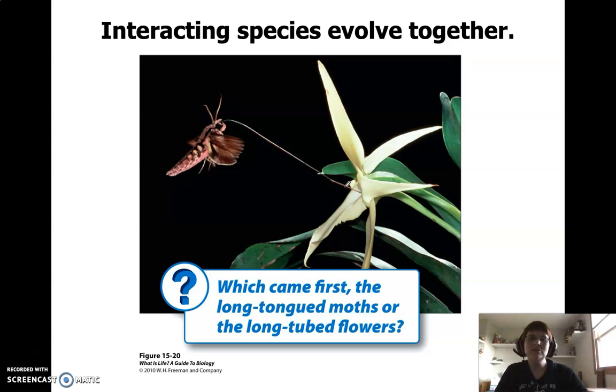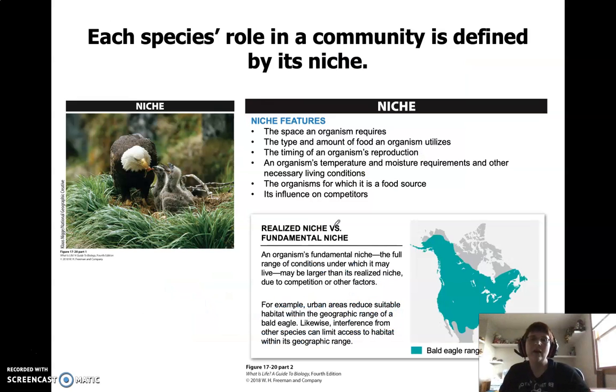And so these two interact with each other as pollinator and pollinatee, if you want to think of it that way. So the thing is, without the moth, this orchid will not be able to be pollinated. And so if one of them disappears, the other will probably suffer.